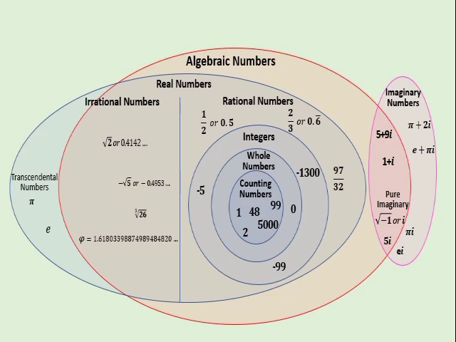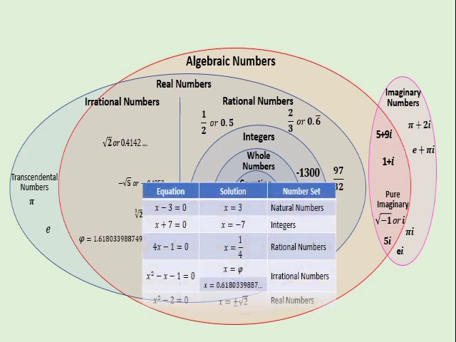A transcendental number is any number that is not an algebraic number. Now, what are algebraic numbers? To be algebraic, a number must be the root of a non-zero polynomial equation with rational coefficients.